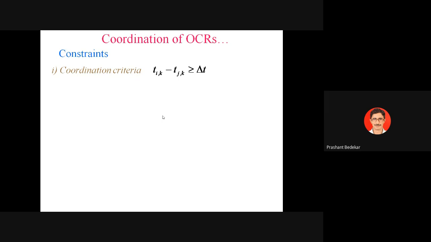This delta T is called coordination time interval. Sometimes some books name it as STI, selective time interval. Coordination time interval, CTI. So delta T is CTI. So the first constraint set is coordination criteria. Why am I saying constraint set?